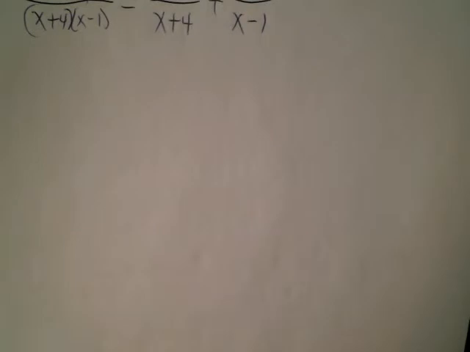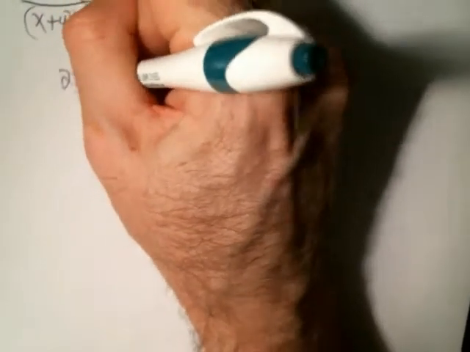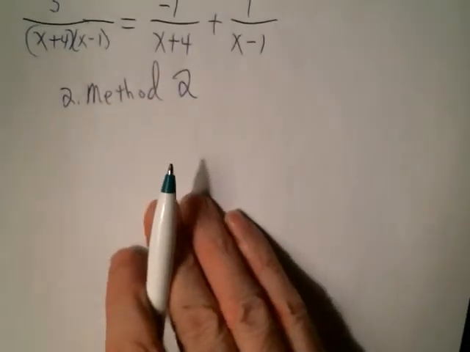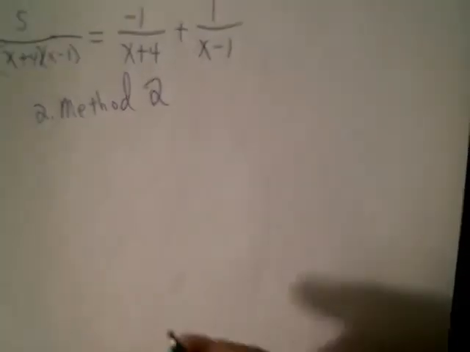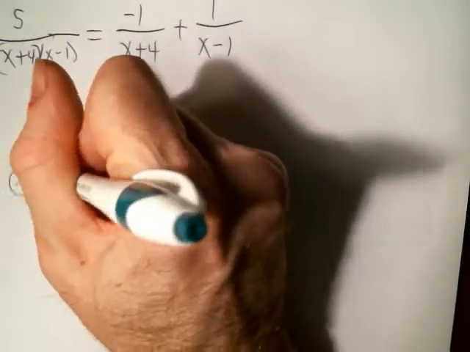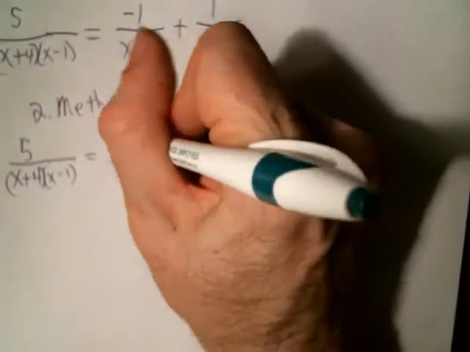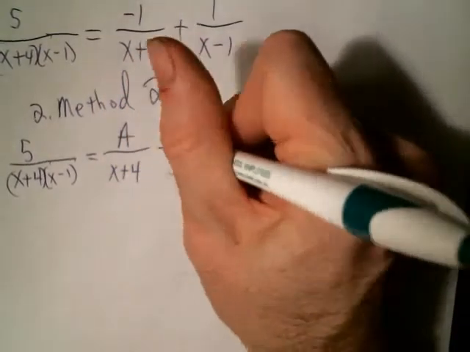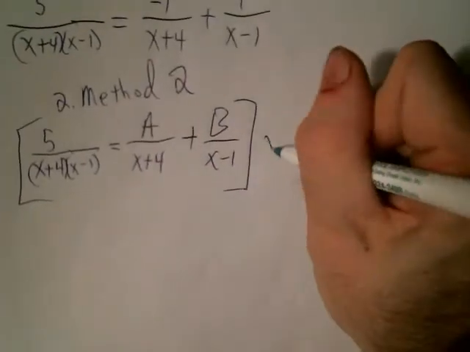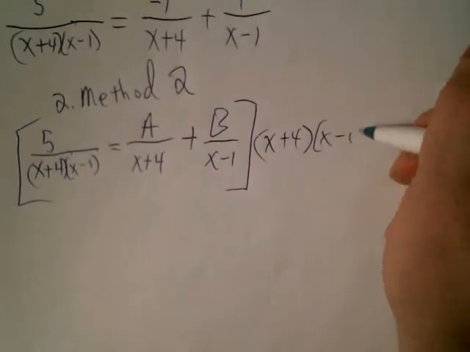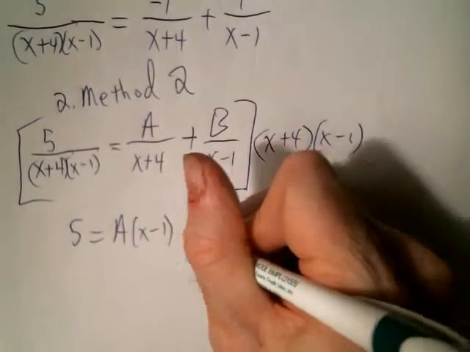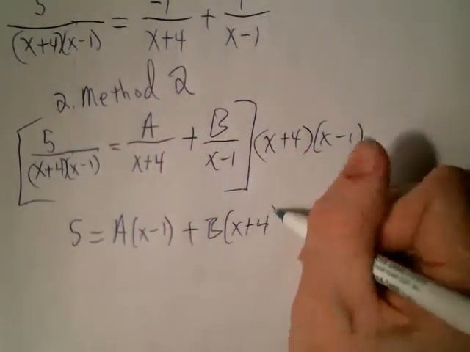The shortcut method, which you'll definitely prefer but won't always work, is the second method. It starts after I multiplied through by the denominator, so the beginning is just like before. I do my setup, then I multiply through to get rid of the denominators. So I have 5 equals A times x minus 1 plus B times x plus 4.